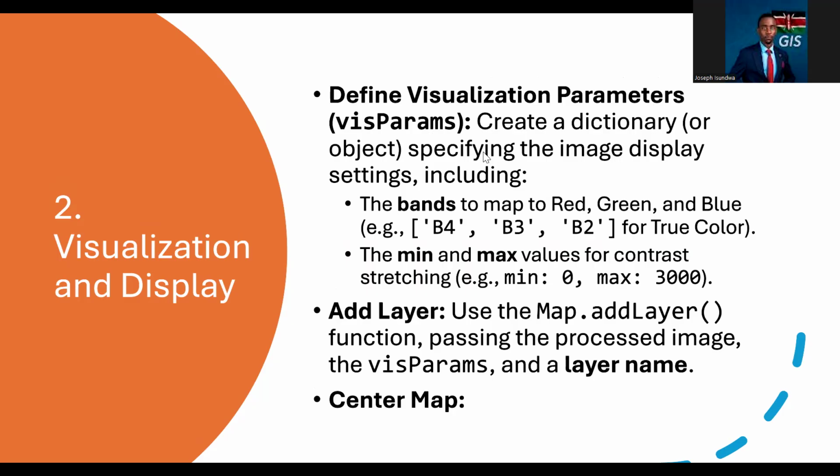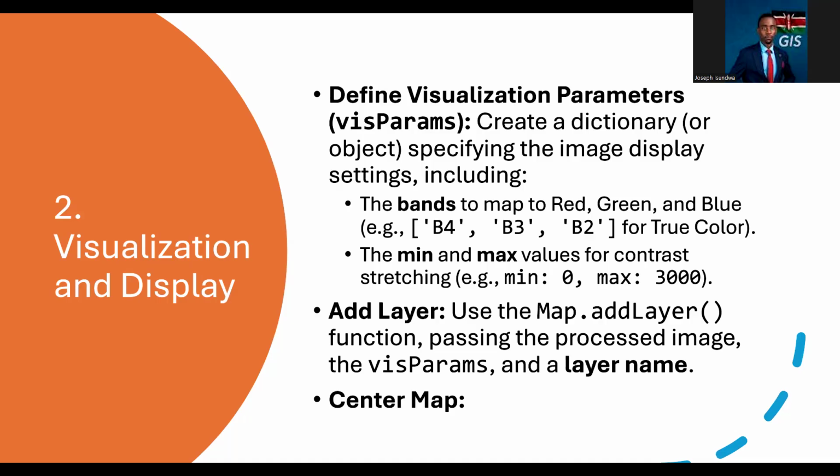This is just a variable, and then we can create a dictionary or an object specifying the image display settings. These include, for example, if band 4, we have to give it a certain color or a certain stretch. This is when specifying the minimum and the maximum stretch that we want, or even maybe the opacity, that is how transparent it is, among others.